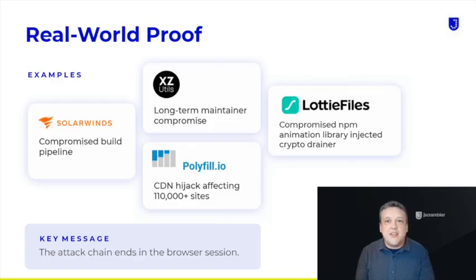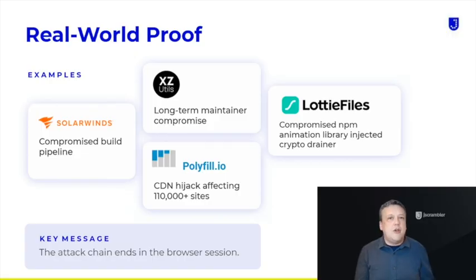Now, there are plenty of others that I could talk about here too. The Bybit wallet theft that stole $1.5 billion, or the Shai Hulud NPM worm, which was the first self-propagating supply chain attack against the NPM ecosystem. But what matters in each case is that the attack chain ends in the browser session.